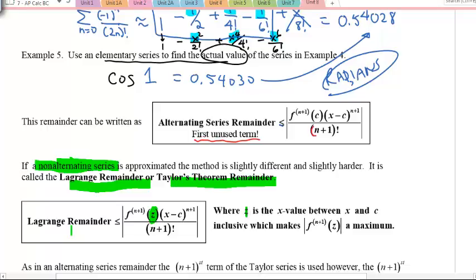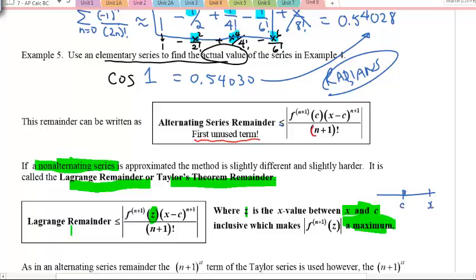Well, z is the x value that's between x and c, inclusive, which makes the absolute value of that derivative a maximum. So when we looked at the alternating series, we knew that the derivative at c gave you the largest, or the maximum value. However, when it's non-alternating, we can't tell. So what we need to do is look in the interval between x and c. So let's say the series is centered here, and let's pretend x is there.